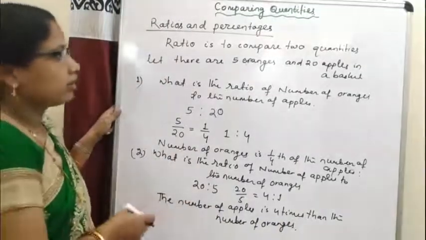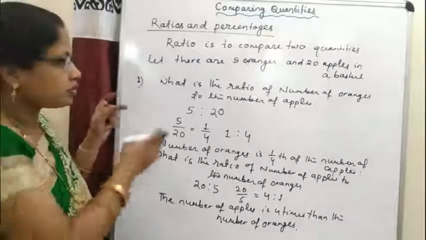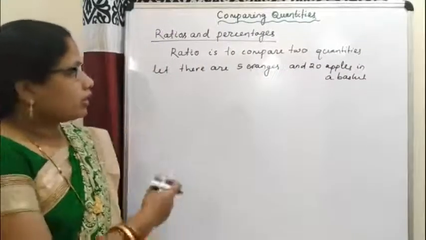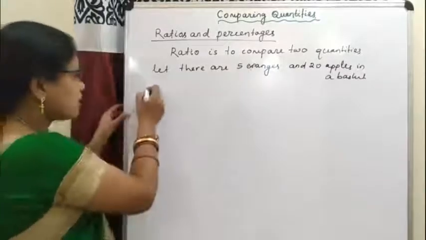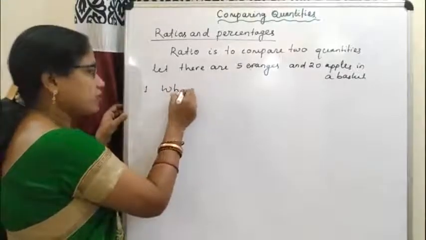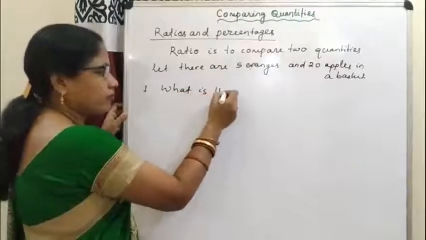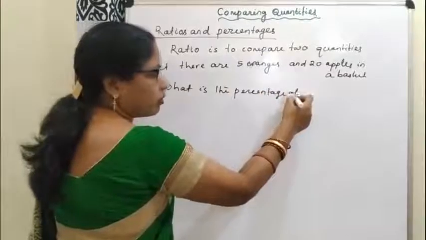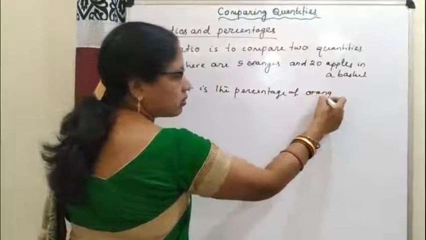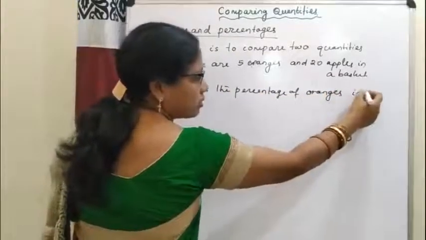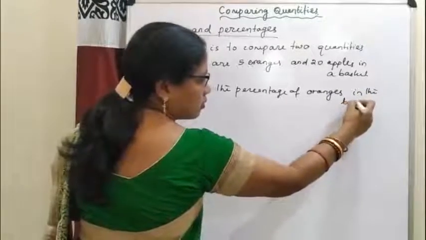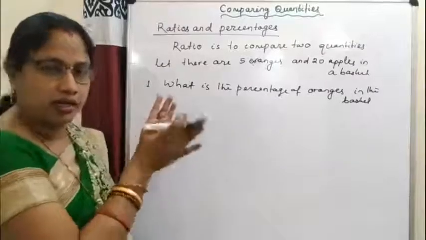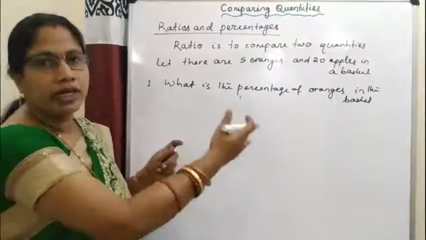So then let us discuss about percentages from the same question. Next question. What is the percentage of oranges in the basket? So we can find the percentage by the ratio or by unitary method.